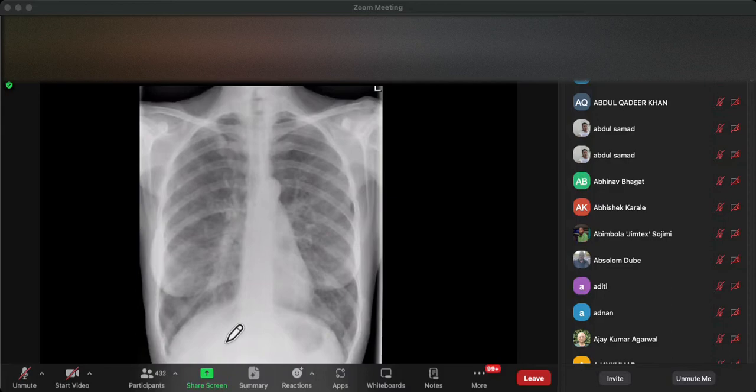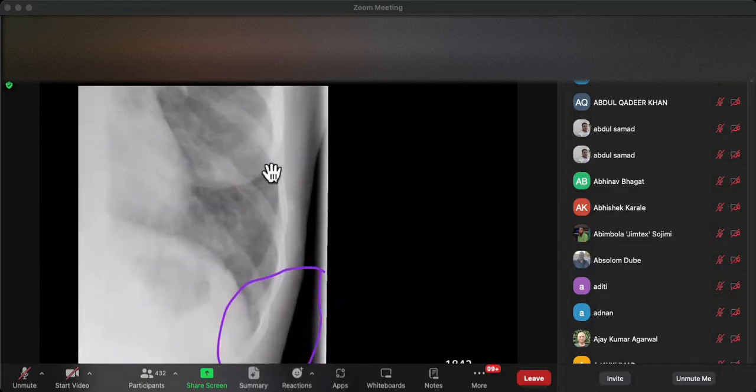Not LCH? Over here. What can you see there? Neurofibroma.